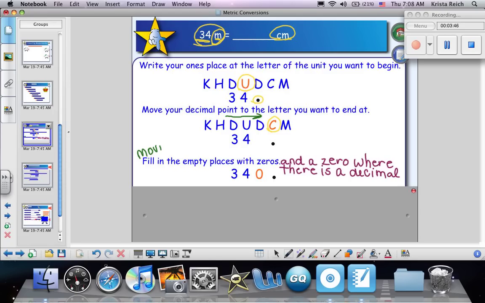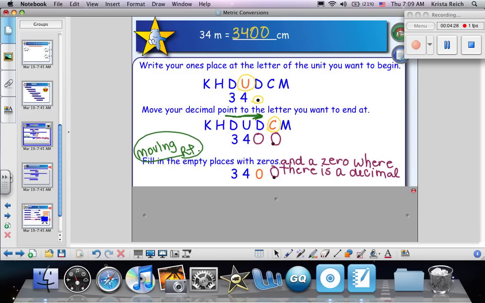Okay, only when we're moving this way. All right, so not only do we fill in the empty space with a 0, but we also fill in where there's a decimal point. Okay, so for our final answer, 34 meters has 3,400 centimeters.